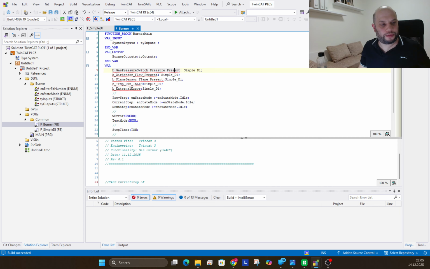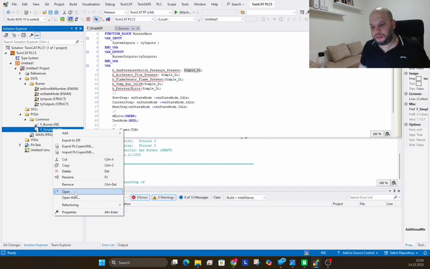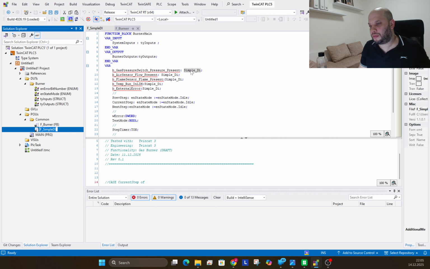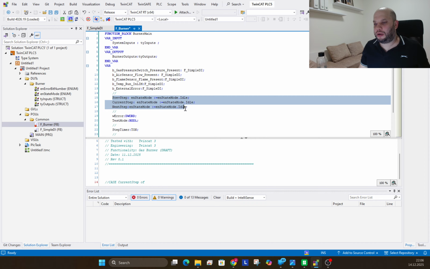So yeah, this is my inputs, outputs, additional variables.